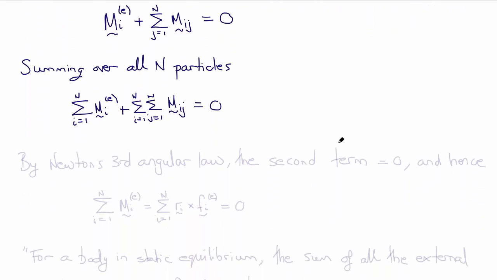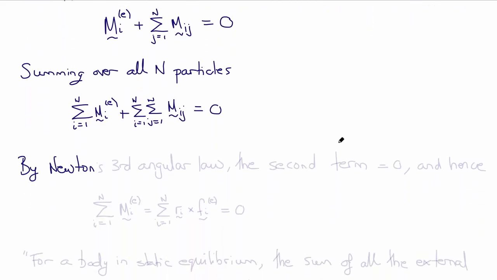Now, in the same way as we did for the linear laws, from Newton's third angular law, the second term is 0 because for every Mij there's an Mji, which is equal and opposite, and the diagonals Mii are 0 by definition.